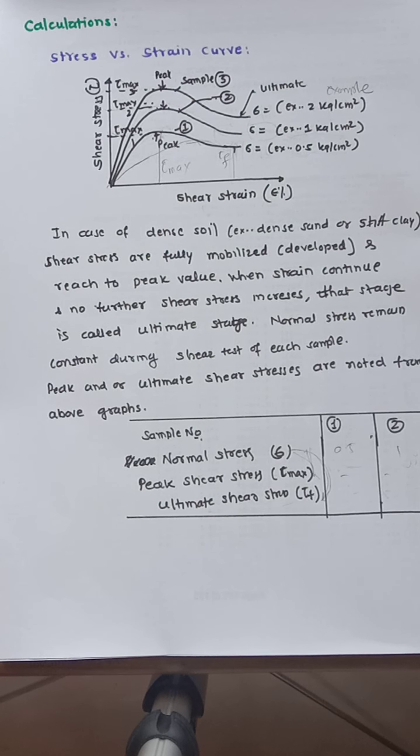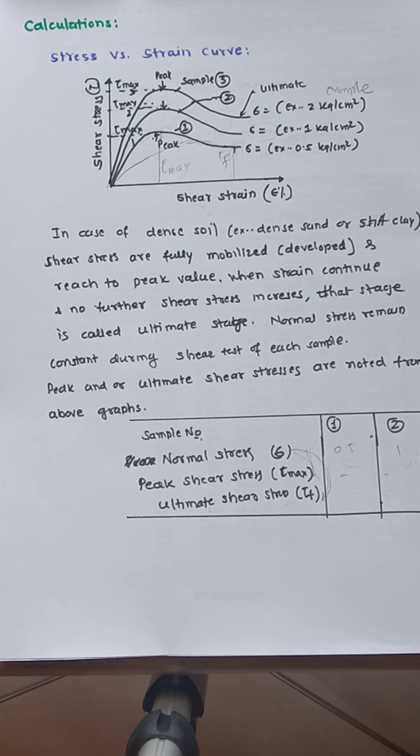So 18 into 2 is 36, close to 0.4 kg per cm square. So your third value should be about 4 kg per cm square, or near to that, and then you can reduce the earlier ones to half. This is the basic concept about selecting the normal stress.